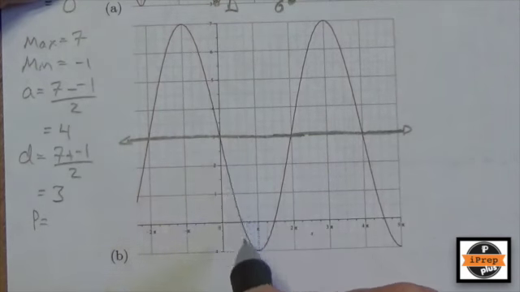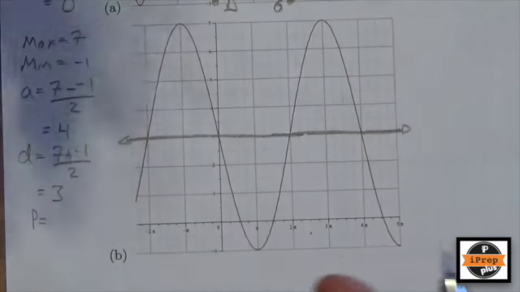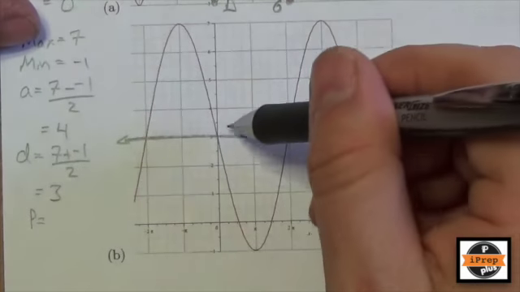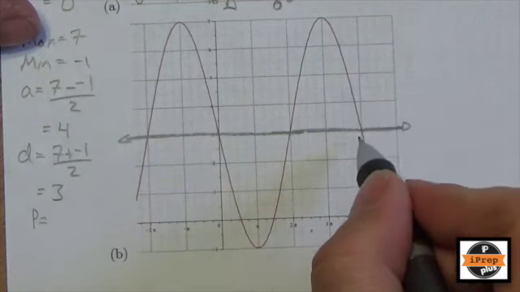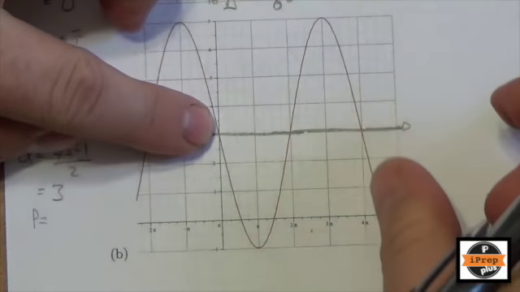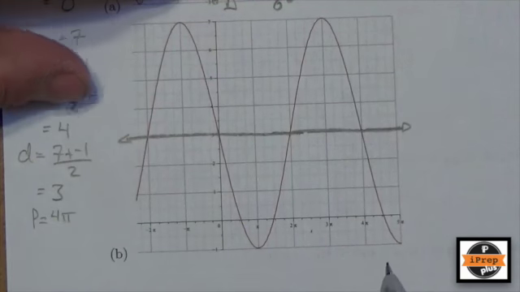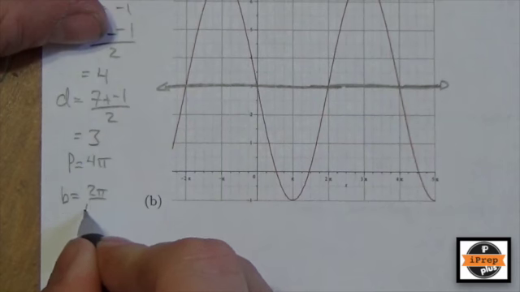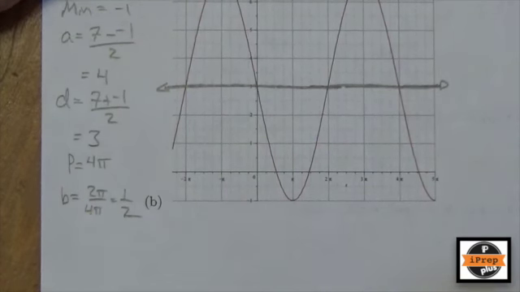And because my first motion is to go down, this looks like it's going to be, and again, this is the easiest way to interpret this graph, a negative sine. The four motions are down, up, and then down, which takes me to here, and I can read right off that's 4 pi. My period is 4 pi. My B value will be 2 pi divided by the period, or 1/2.